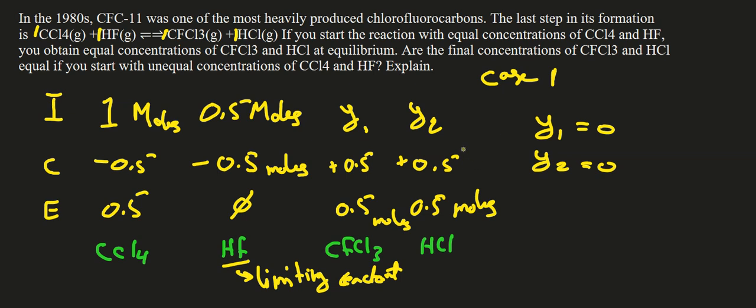Since it's a 1-to-1 mole ratio in every single reagent and product in the reaction, it doesn't matter if they're different. They're still going to be equal, even if you start with a different amount of hydrofluoric acid than CCl4. You're still going to get the same amount of product.